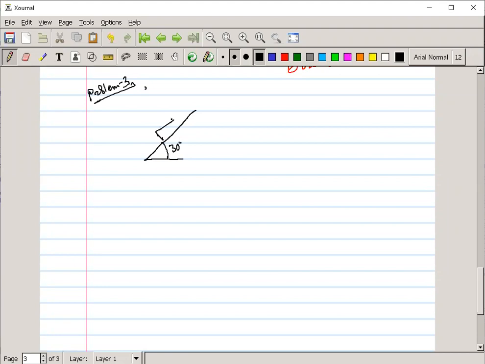Okay, so the next problem we have to solve is: suppose a system is released, and if this is your bar case, and this is the 60 Newton block which is attached here also.